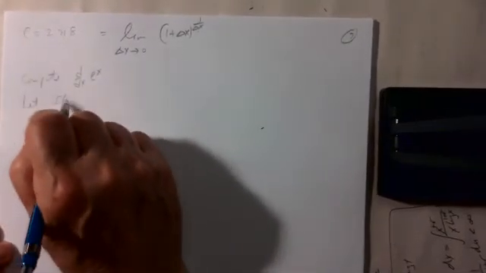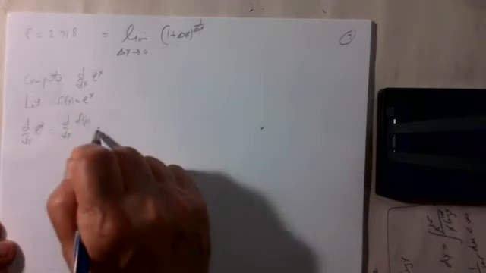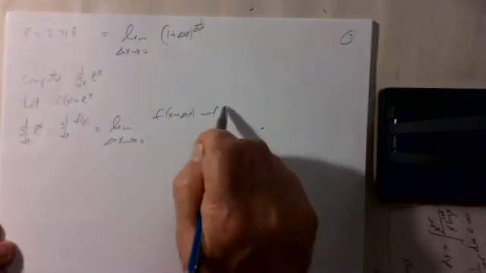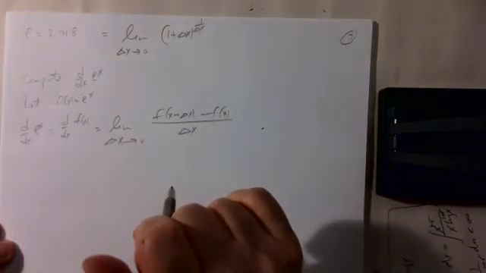If we let f of x be equal to e to the x, then the derivative of e to the x, this is the derivative of f of x. It's easier to use this functional notation. This is the limit as delta x goes to 0 of f of x plus delta x minus f of x, over delta x.